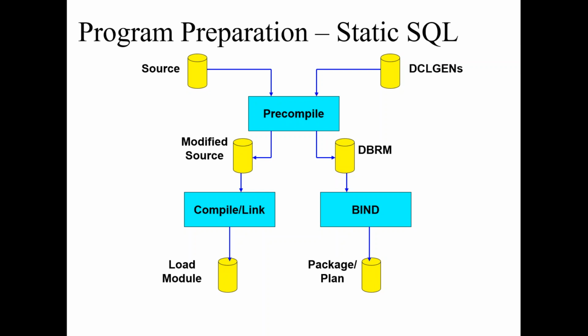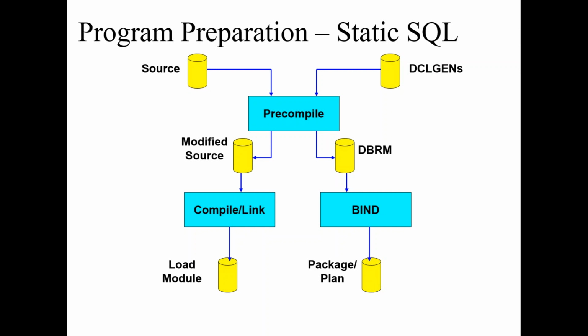It's not an executable on its own. It's just got your SQL extracted from the program, parsed and tagged, and put in a format that the bind process can read. On the left side, your COBOL stuff goes through a compile and link edit, and you get a load module just like you had compiled any COBOL program before.